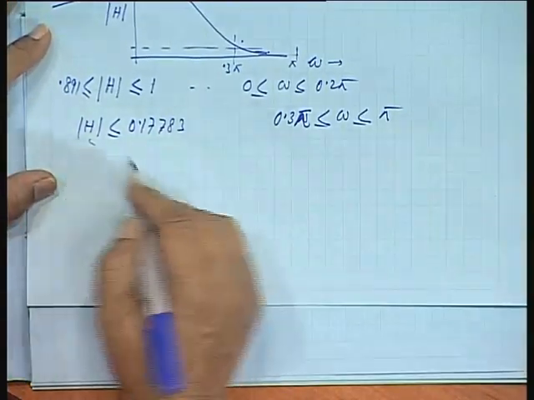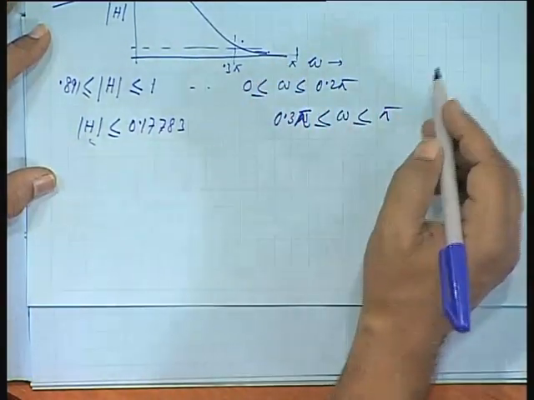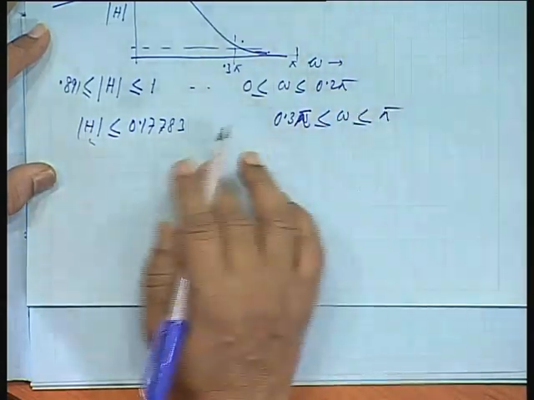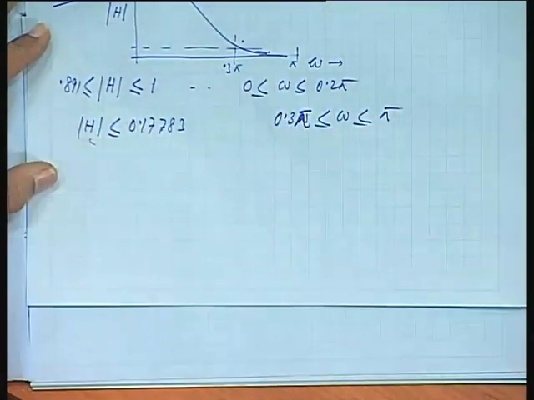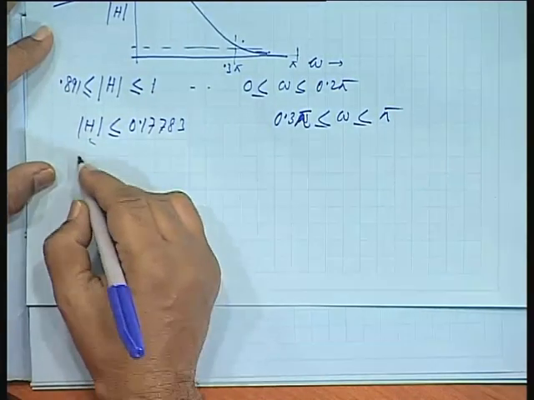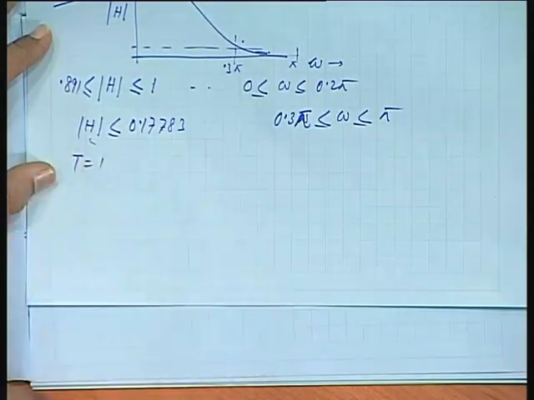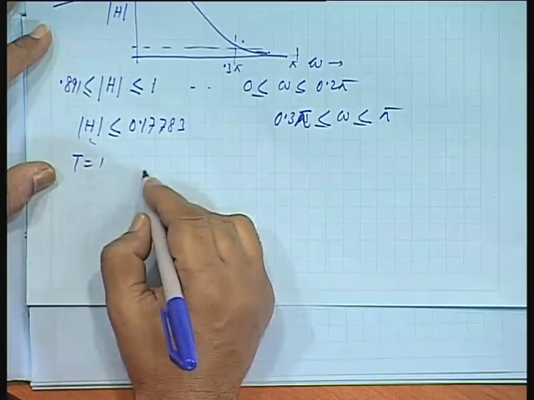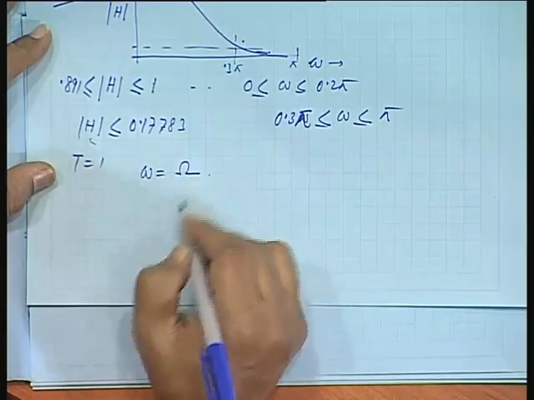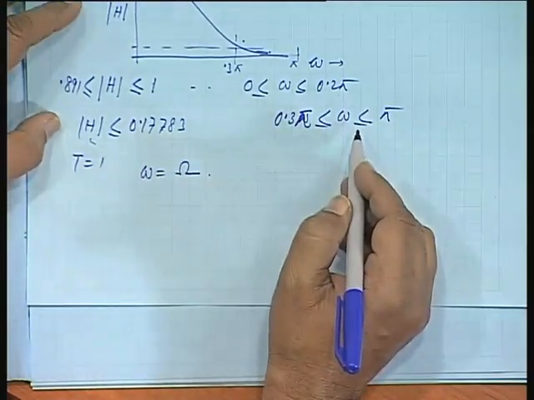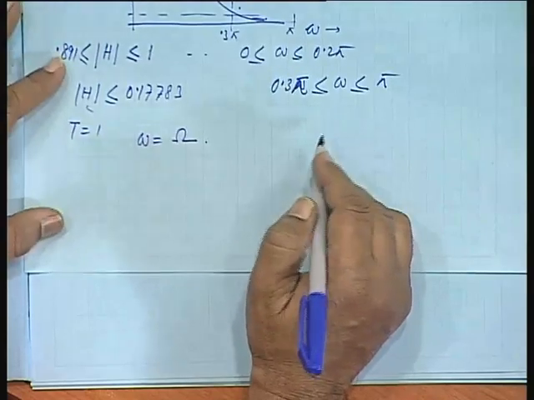We can see in the impulse invariance there is a t coming there. So, t will get cancelled when we convert it, all right. So, we can take t equal to 1. So, we will put omega is equal to capital omega. So, these specifications we can write in terms of capital omega.